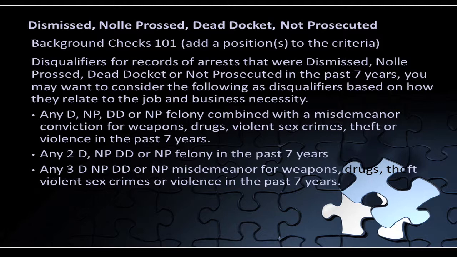Any dismissed, nolle prosequi, dead docket, or not prosecuted felony combined with a misdemeanor conviction for weapons, drugs, violent sex crimes, theft, or violence in the past 7 years. Any 2 dismissed, nolle prosequi, dead docket, or not prosecuted felonies in the past 7 years. Any 3 dismissed, nolle prosequi, dead docket, or not prosecuted misdemeanors for weapons, drugs, theft, violent sex crimes, or violence in the past 7 years.